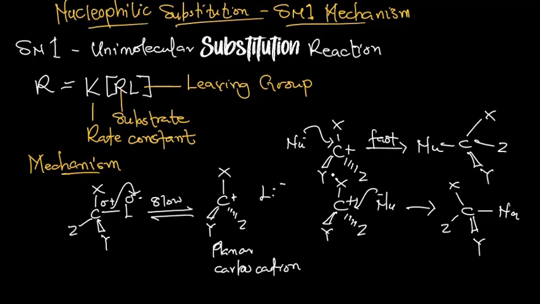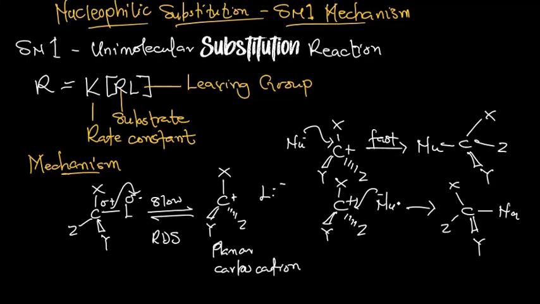All right. Now, we also have to take note that the slowest step of this reaction is the formation of the carbocation, and so this carbocation step is actually the rate determining step, the RDS, because it is the slowest. The other part occurs really fast.